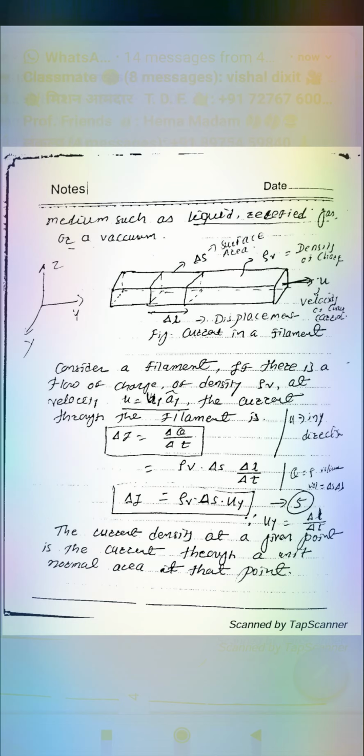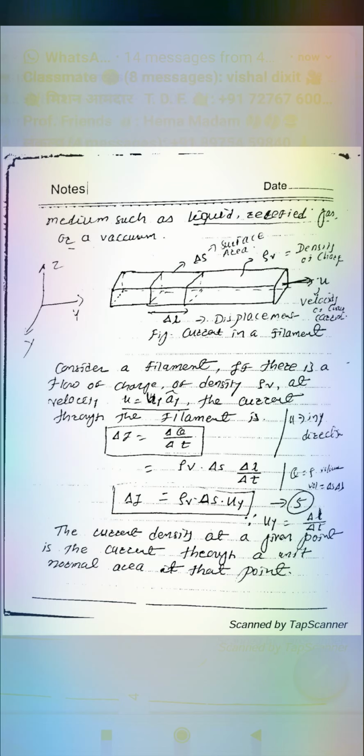Therefore, the current density at a given point is the current through a unit normal area at that point. This is by considering the filament.